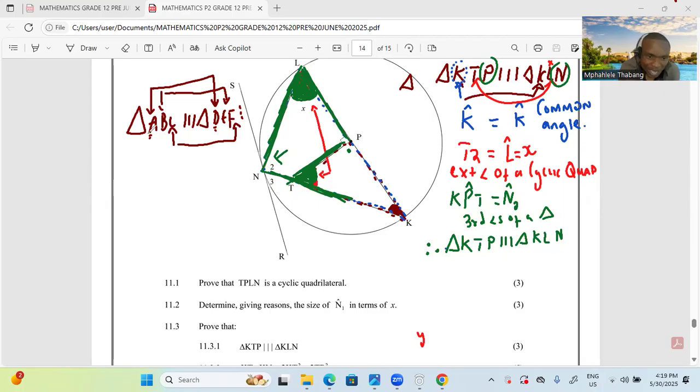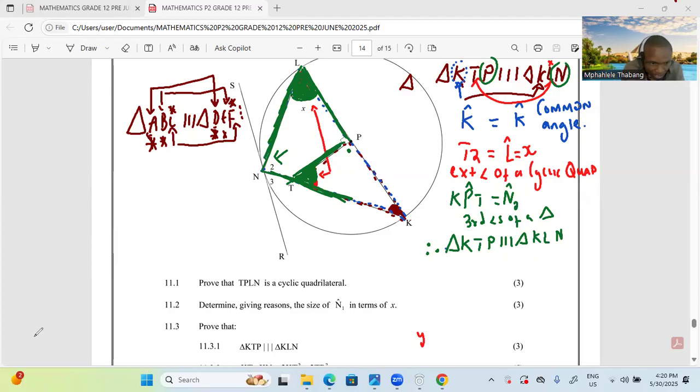So A corresponds with D, B with E, C with F, and the corresponding angles of similar triangles must be equal.